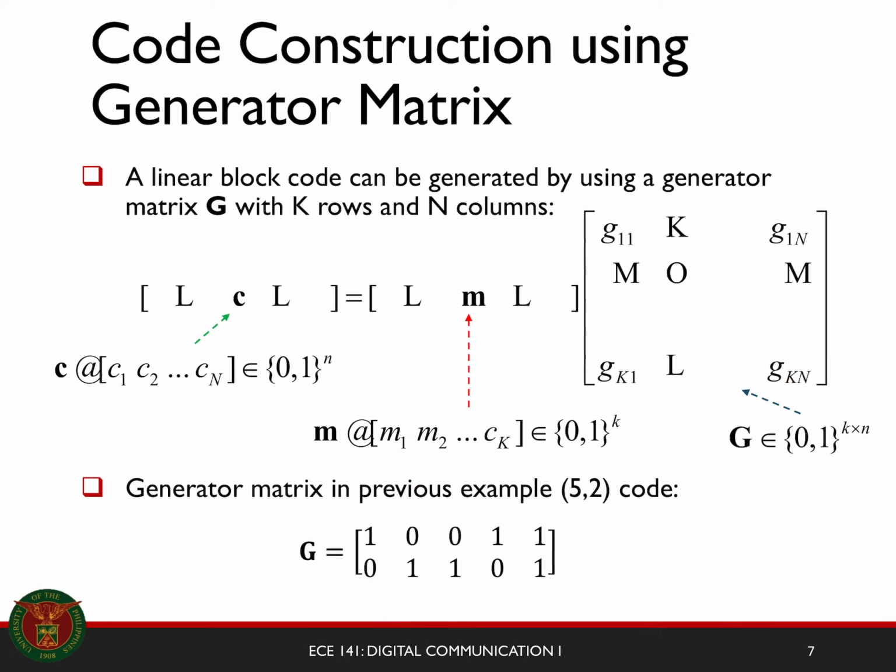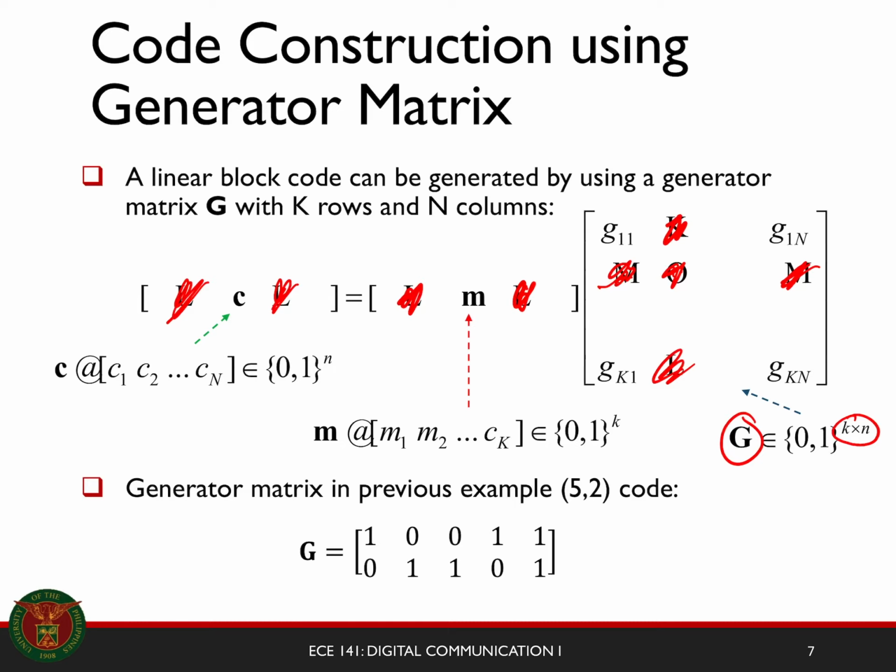To make a systematic code, you have to use what we call a generator matrix. Just ignore all the extra letters right here. This is a generator matrix, which is a k by n matrix.